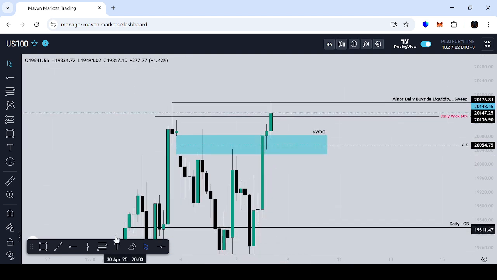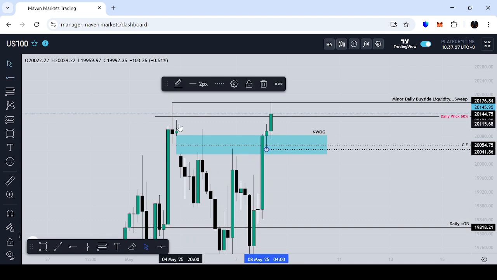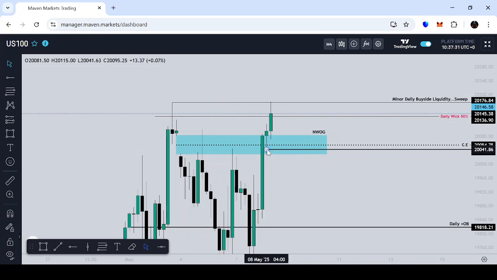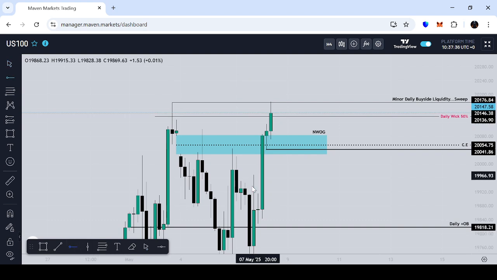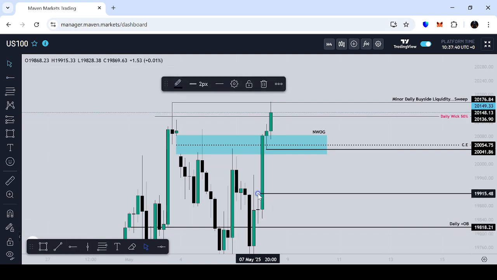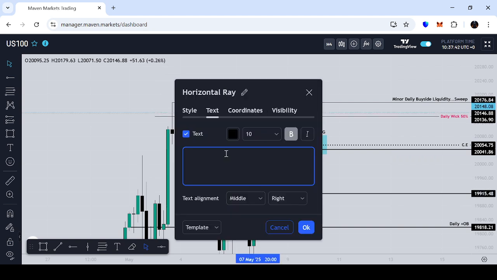And we have over here, this is a 4 hour. Between that week, the rejection block there, low. That's the low of that candle. And the high of this candle here. That's the 4 hour fair value gap.